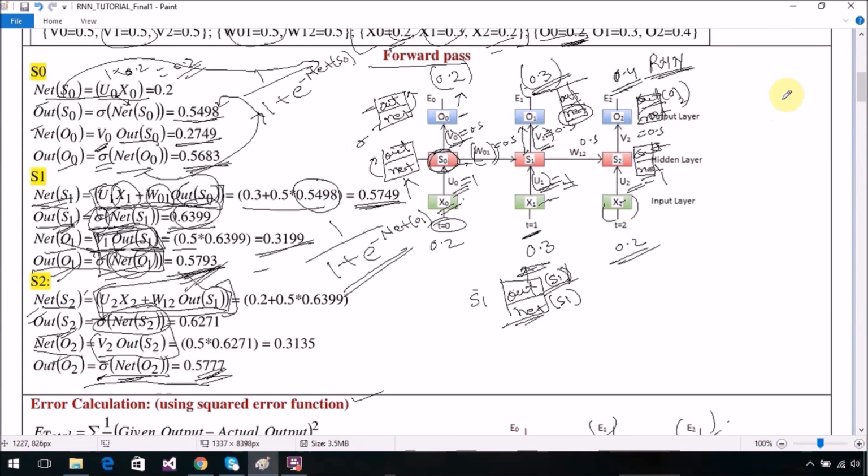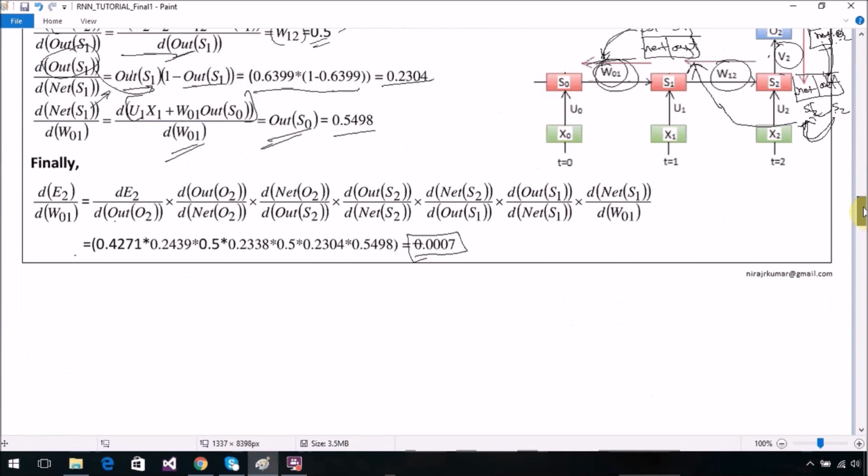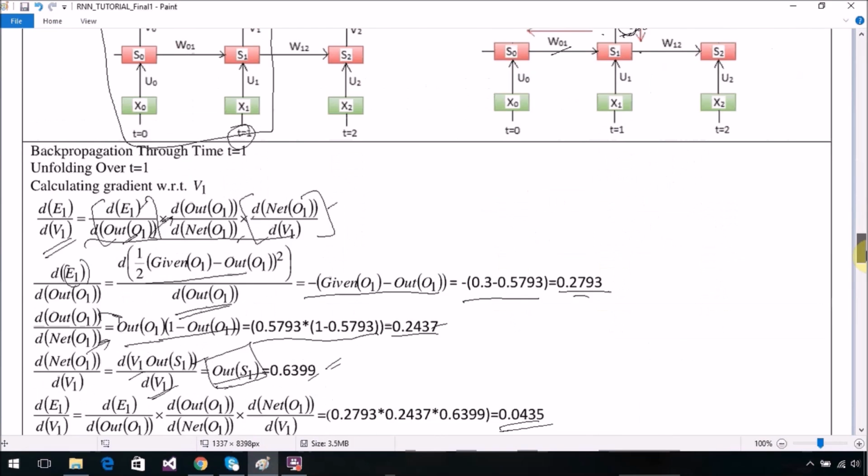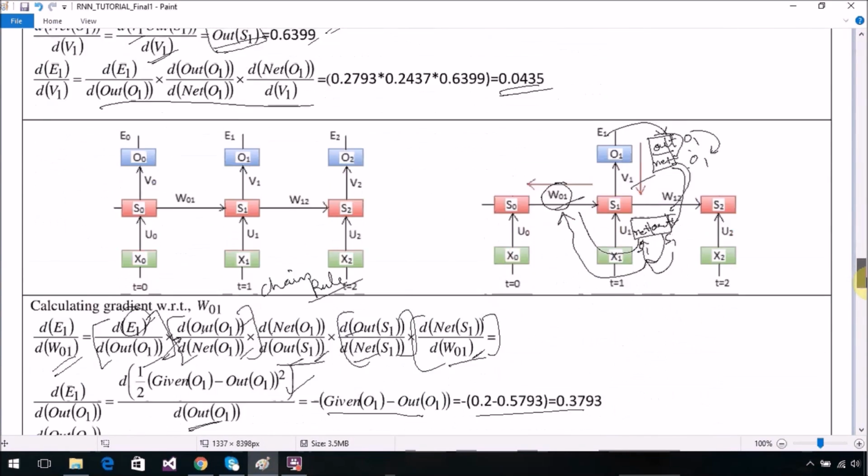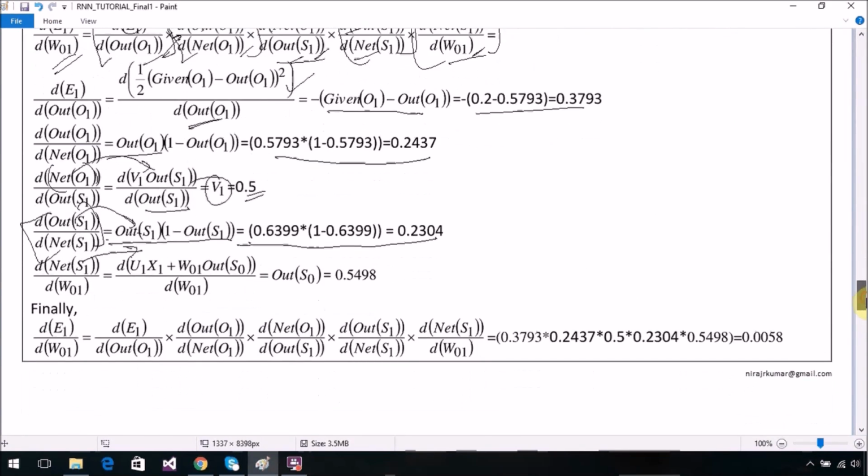So we'll copy this value here and take the differentiation with respect to W01. It will give out S0. So we will put all these values for the calculations, and then after taking the product we will get the value 0.0058.